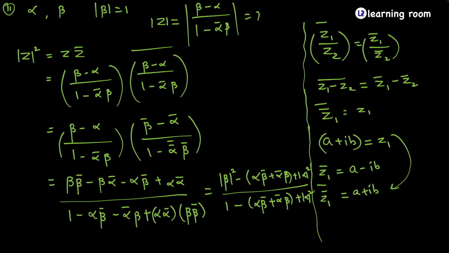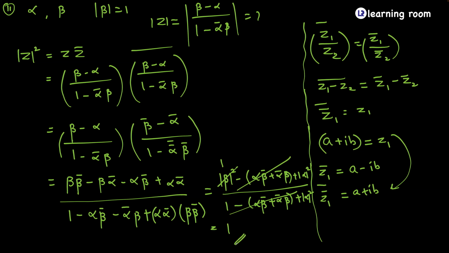Beta into beta conjugate is mod beta square, but mod beta square is 1. So I'm not writing it there. What am I going to get? This mod beta square, if I replace it with 1, then 1 minus of alpha beta conjugate plus alpha conjugate beta plus mod alpha square, same as the denominator. So this and this will get cancelled.